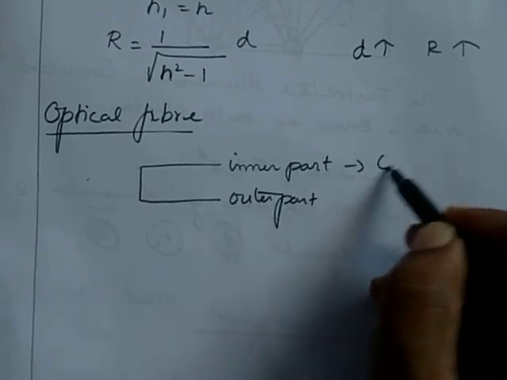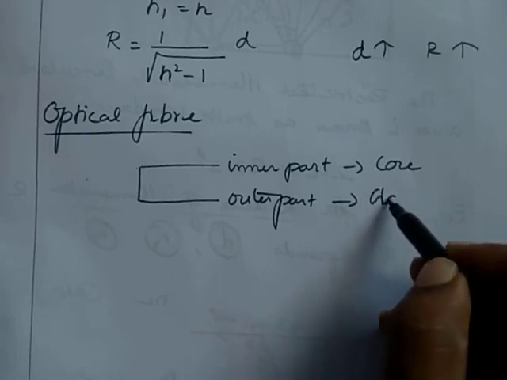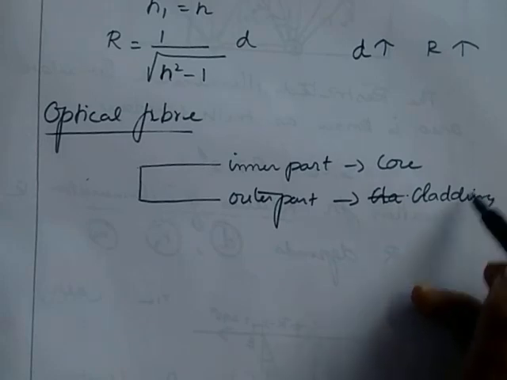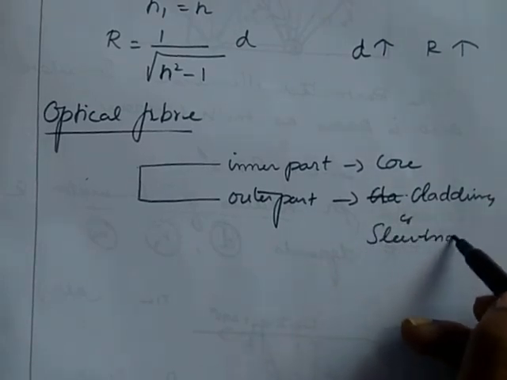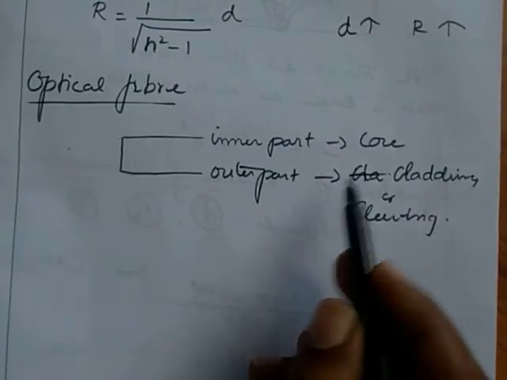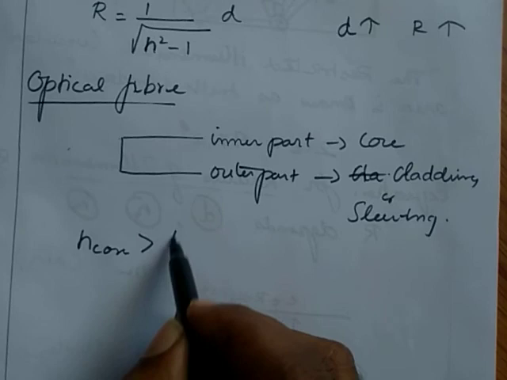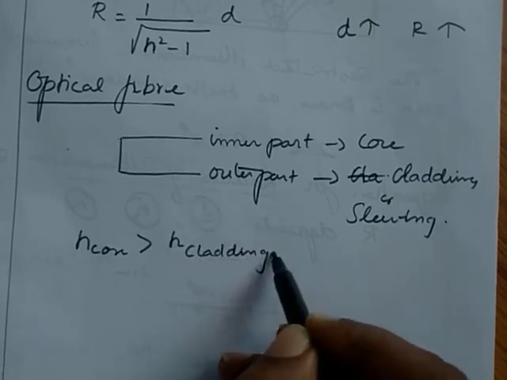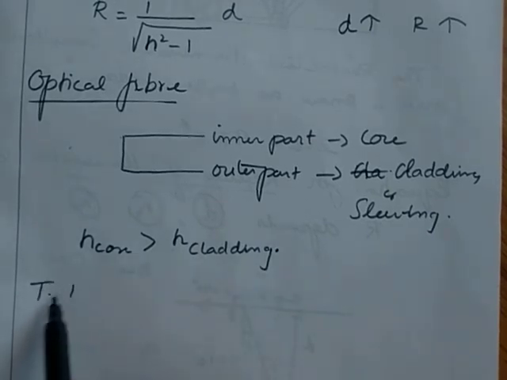Inner part is known as core, outer part is known as cladding, or sleeving. Here the refractive index of the core is greater than refractive index of the cladding. It works on the principle of total internal reflection.